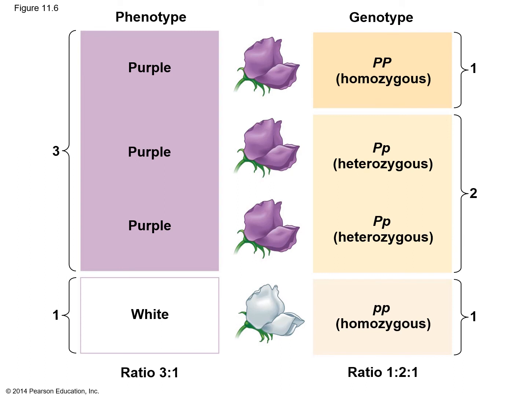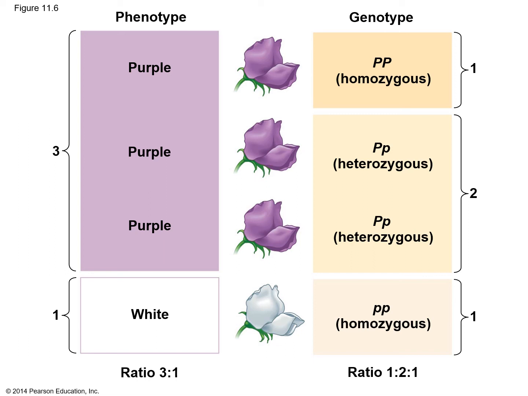Now, when we're reporting the result of a cross, we typically express the outcome in terms of ratios. And you can have two different ratios: a phenotypic ratio, i.e. what do the plants look like, and a genotypic ratio, what combination of alleles do they have.